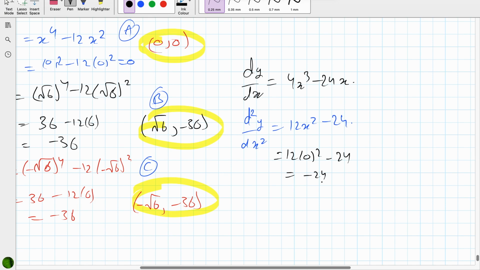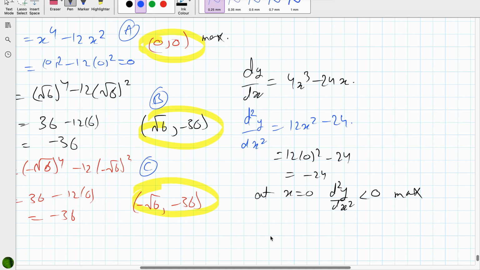this is negative. So d square y over dx square, when it is negative or less than 0, it is a maximum point. So at x equal to 0, d square y over dx square is less than 0. So that's a maximum point. This is max.